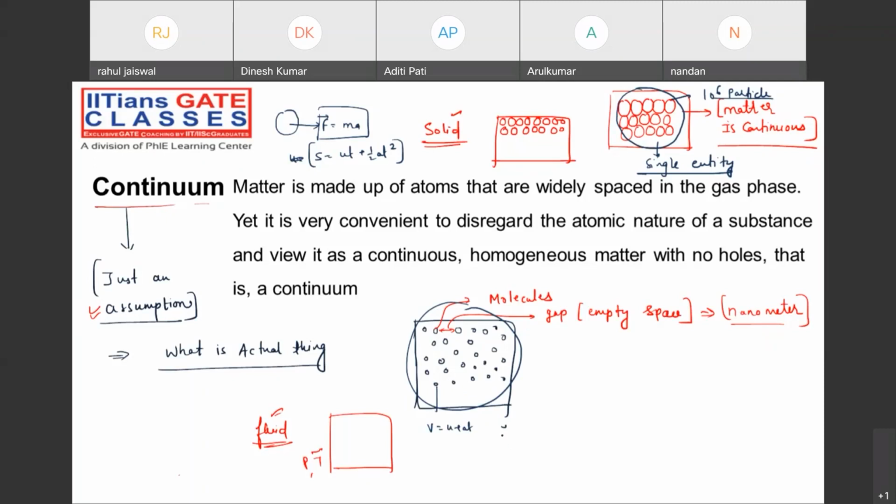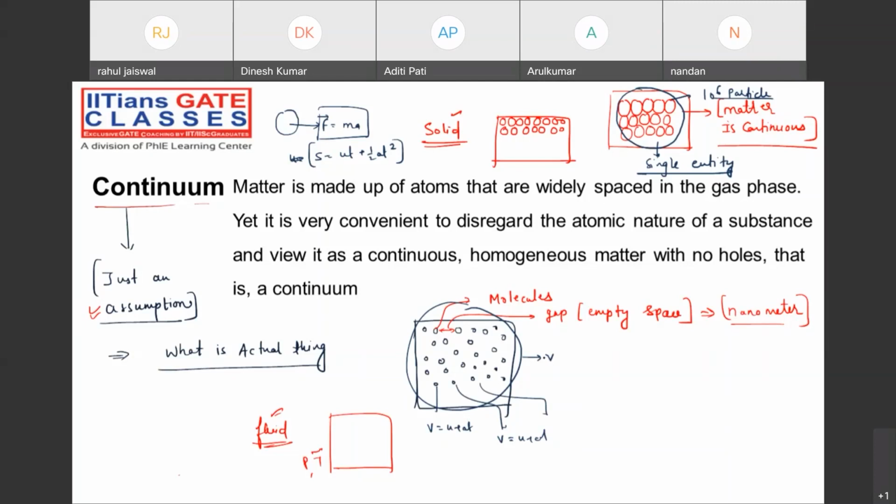For this also, apply v is equal to u plus at. Suppose that you want to find the velocity of the complete system, then you have to follow the Lagrangian approach. That means we have to follow a single particle, and that is going to take a lot of time, a lot of resources, and a lot of mathematical calculation will also be involved.